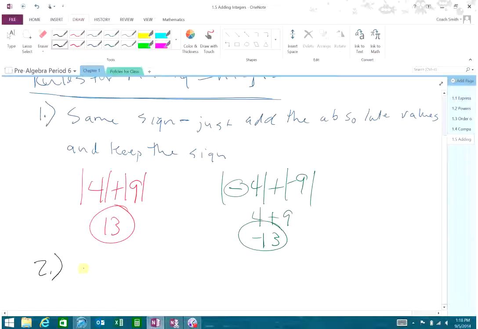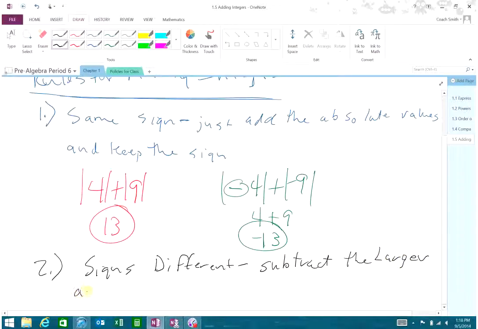Second rule, when the signs are different, you subtract the larger absolute value from the smaller absolute value.